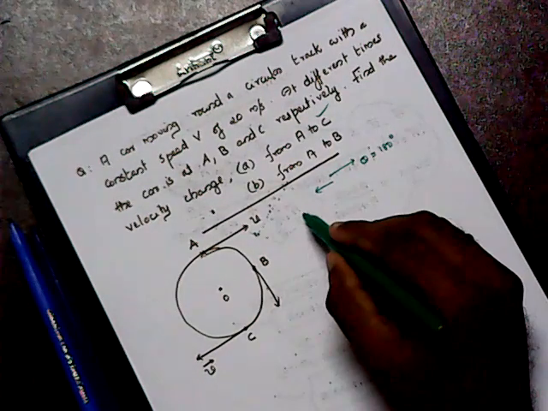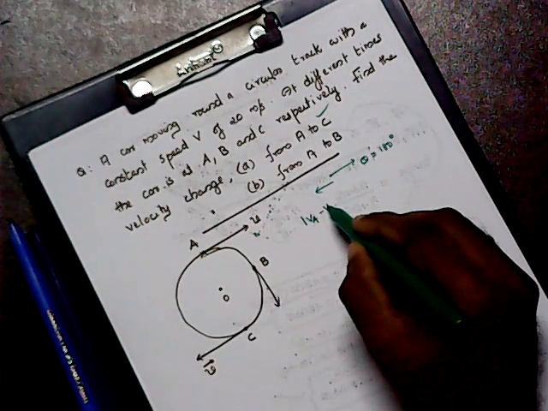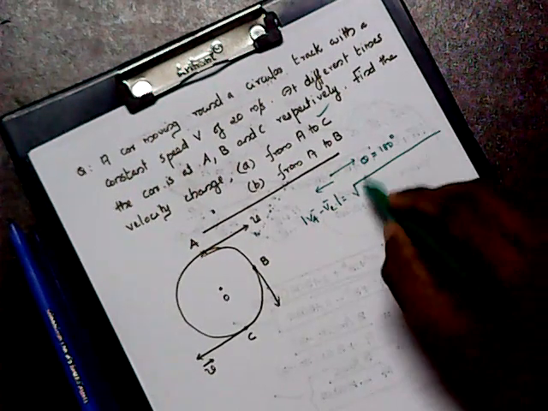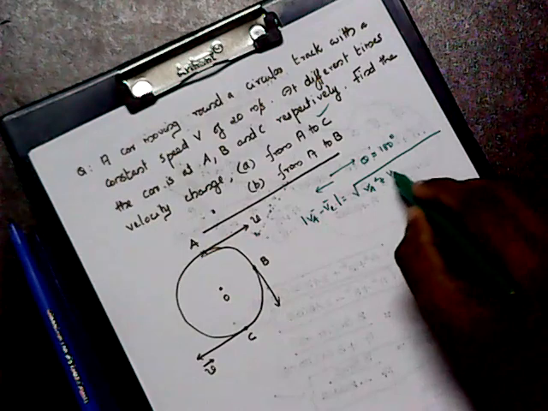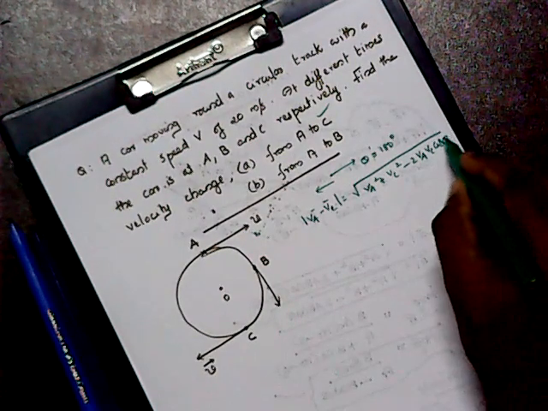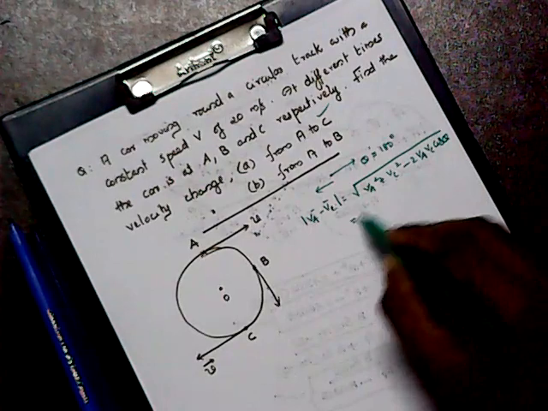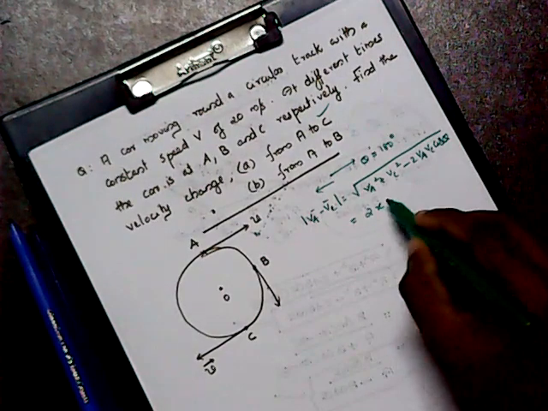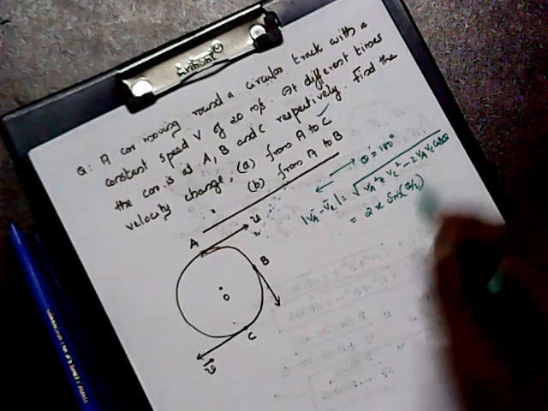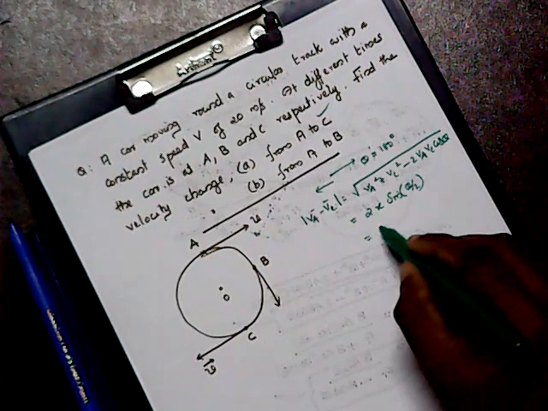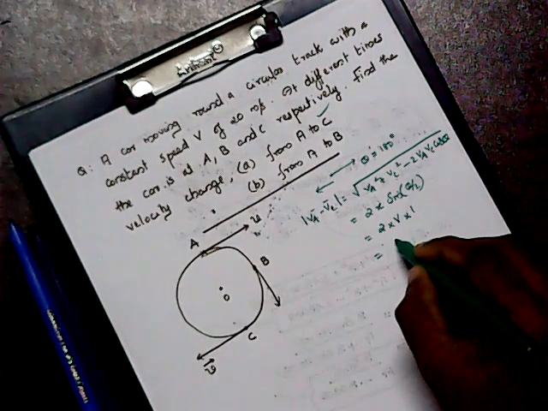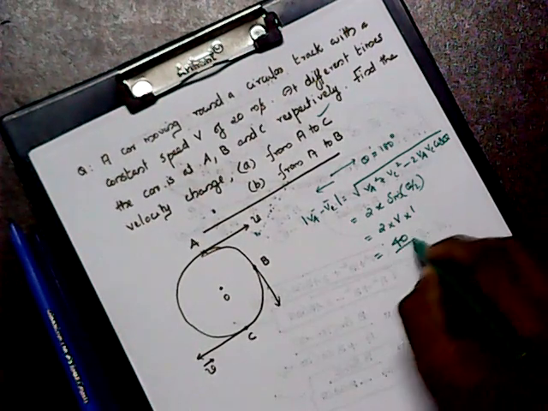So the modulus of the change in velocity between A and C is equal to root of VA square plus VC square minus 2 VA VC cos theta. They are of the same magnitude, so we can use the short form 2V sin theta by 2. Then the angle is 180, so sin 90. So simply 2 into V into sin 90, which is 1. So that is equal to 2 into 20, which is 40 meter per second.